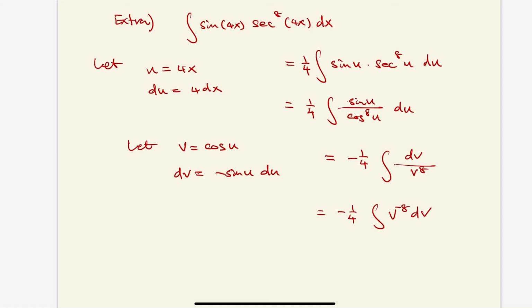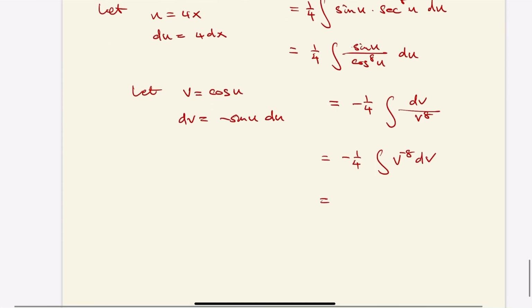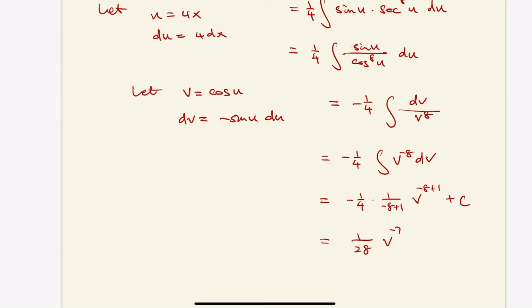Now just use the power rule. So negative 1 over 4 times 1 over negative 8 plus 1, v to the negative 8 plus 1 plus c. So negative 8 plus 1 is negative 7. So 1 over 28 v to the negative 7 plus c.